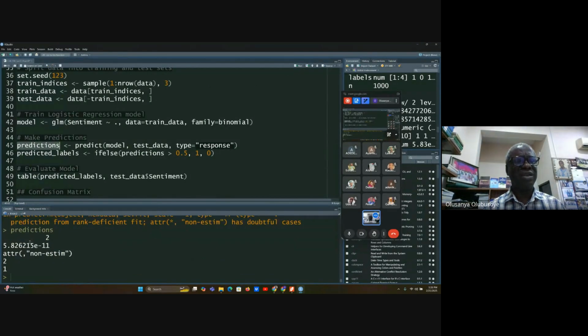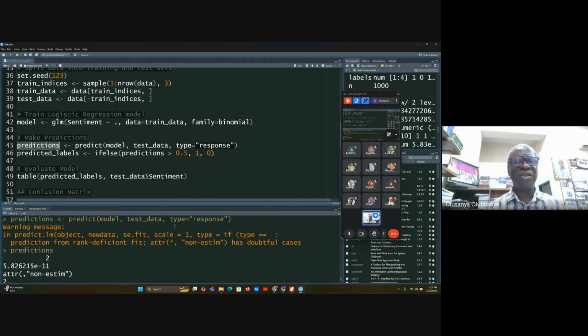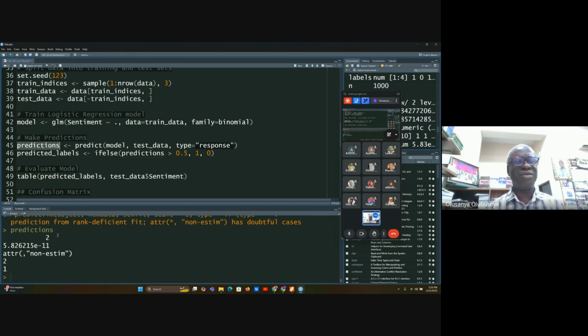So these are the predicted probabilities. When you see all this, it is because the data is very, very small, so don't worry yourself too much.